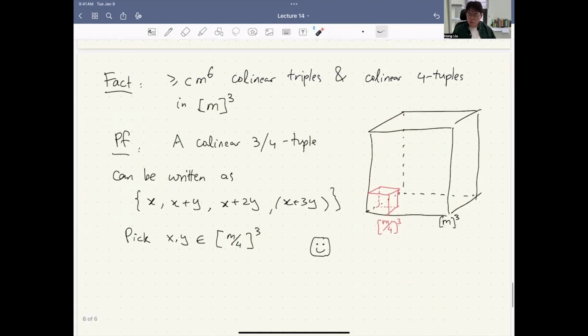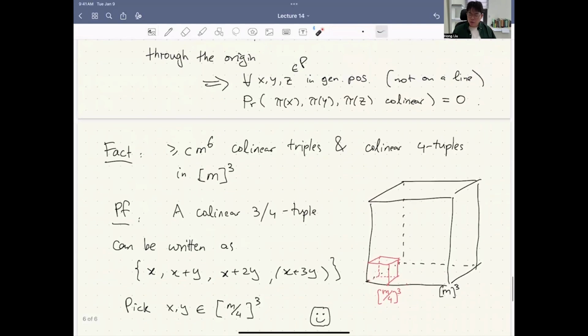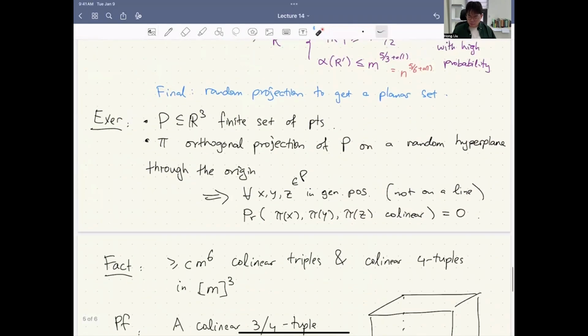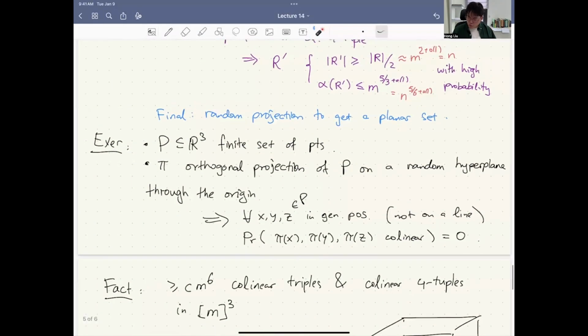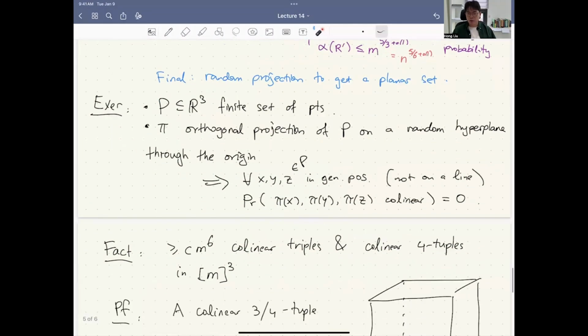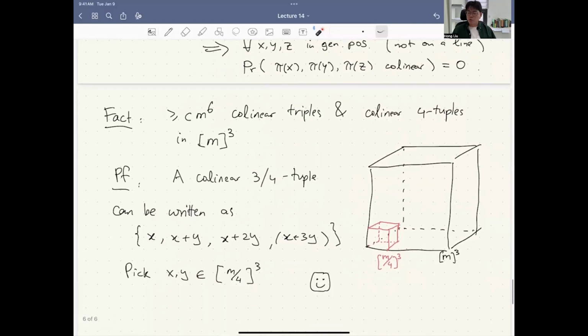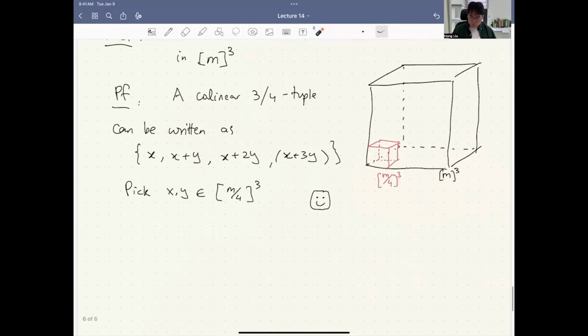We first have to phrase a set in general position, meaning no 3 points on a line, as an independent set in some hypergraph. How do we define the hypergraph H?